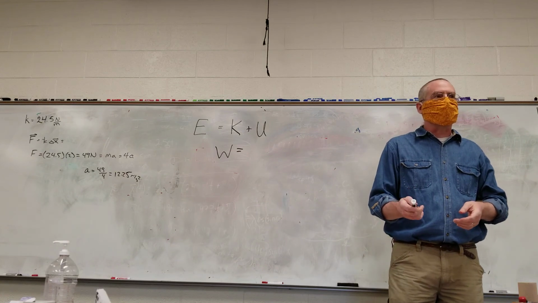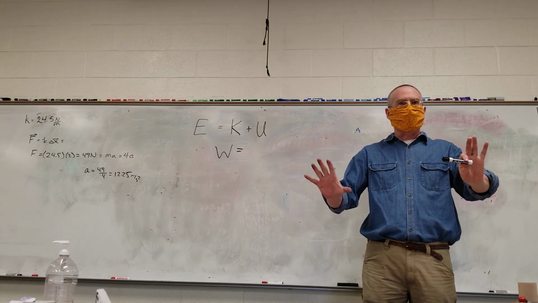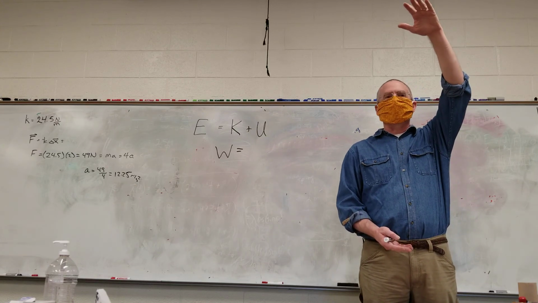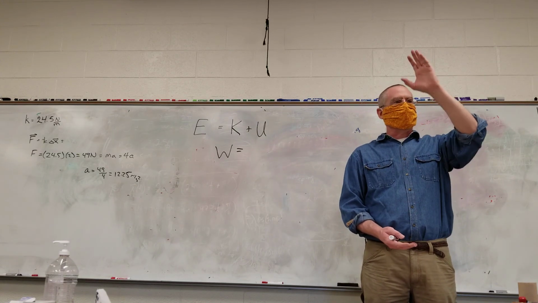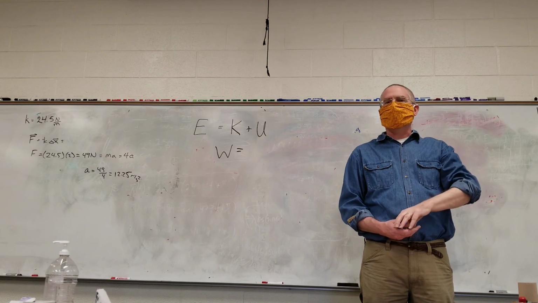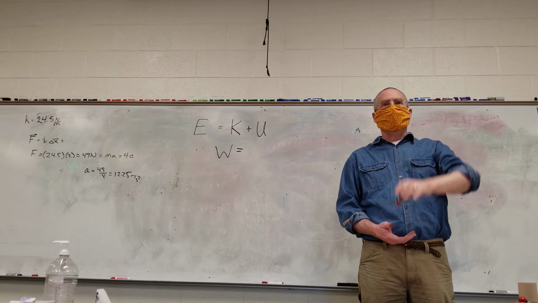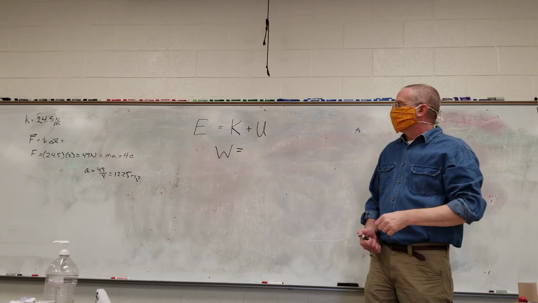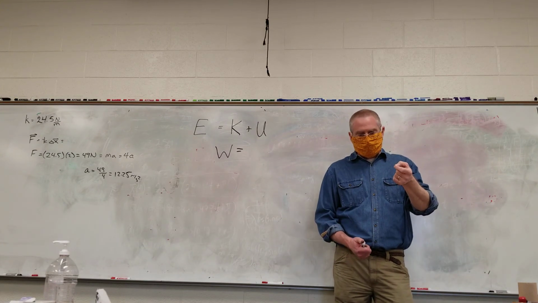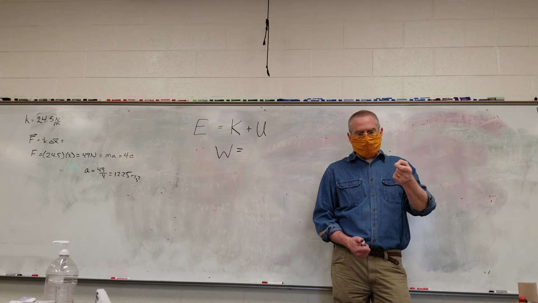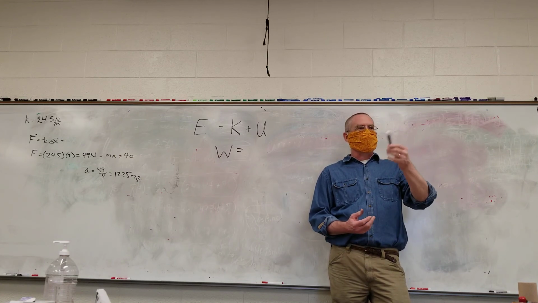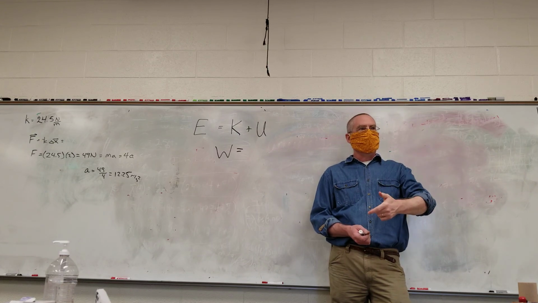So the reason why force times distance is not sufficient: if I throw this marker in the air, think about after it's left my hand. It goes up and down. Let's assume it goes up 3/4 of a meter, and so the whole distance it traveled was 1.5 meters. What force was acting on it while it was in the air? Force of gravity. So the work done by the force of gravity is not the weight of this thing times 1.5 meters.